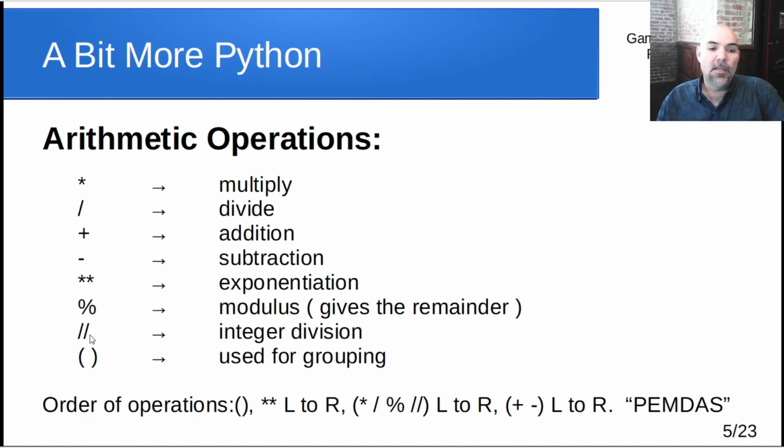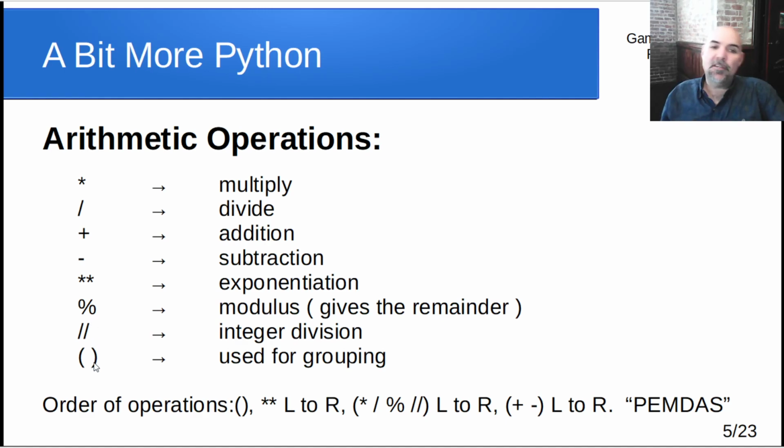So for example, if we said 5 // 2, how many whole times does 2 fit into 5? Well, we would get 2. And if we did 5 % 2, it would give you 1, because there'd be 1 remainder left over. So this gives you the number of times. This gives you the remainder. These are similar operations, but one gives you the whole number of divisions. The other gives you what's left over after that whole number of divisions.